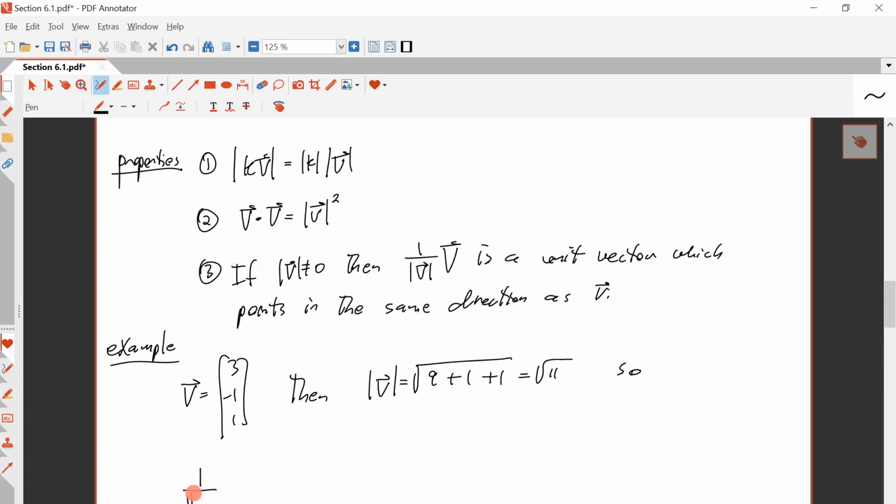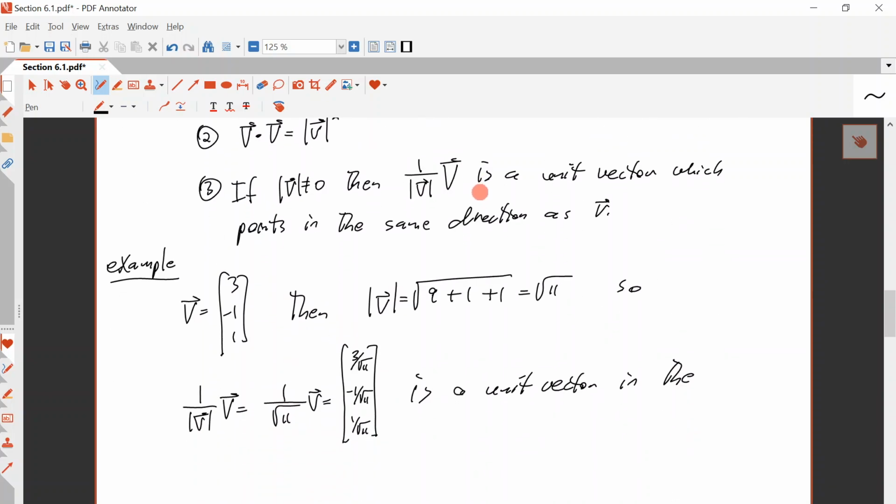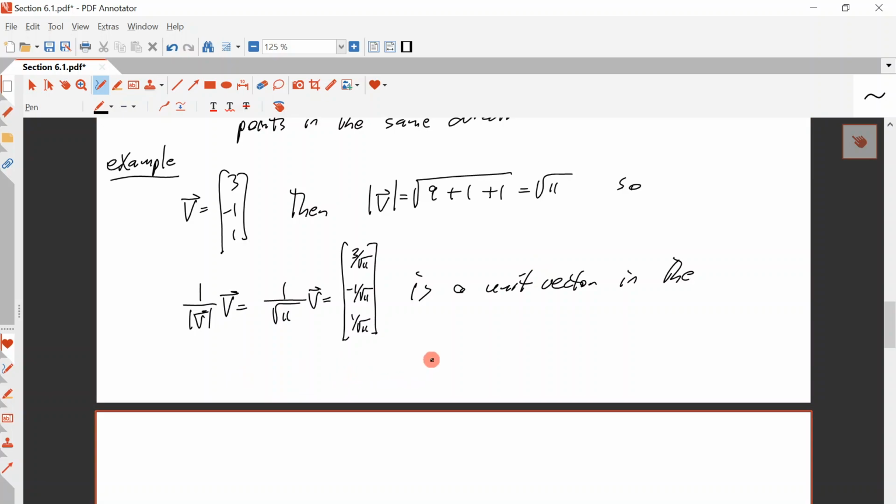So 1 over the length of v times v is 1 over root 11 times v, which is (3 over root 11, -1 over root 11, 1 over root 11), and that is a unit vector in the same direction as v.